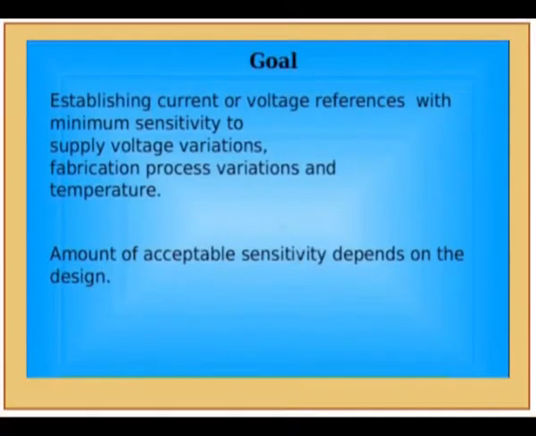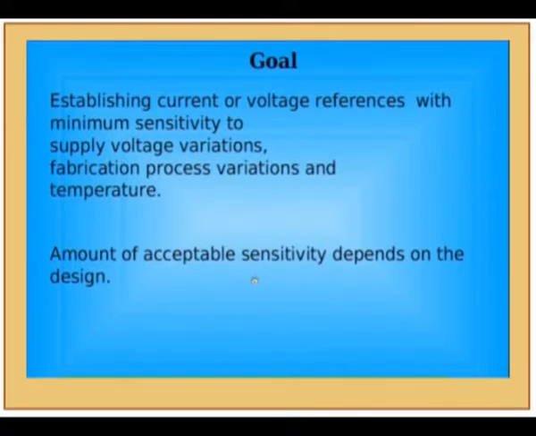So essentially the goal in generating a reference current or reference voltage is to generate some reference and then generate all the biases we want from that reference with proper accuracy. And then in this way we can bias the entire circuit. Some of the sources of variations we have are supply voltage variations, fabrication process variations, and temperature variations.